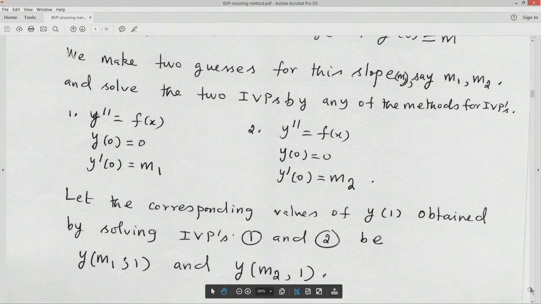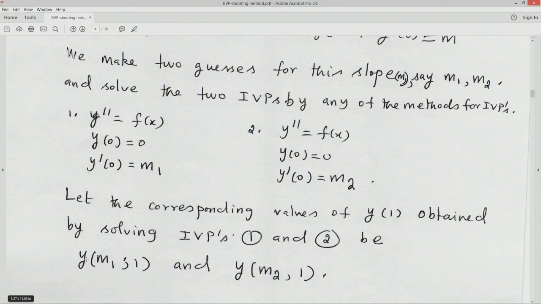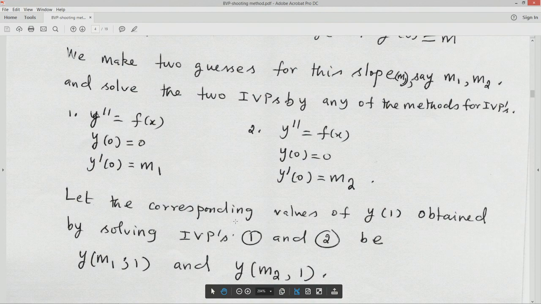In problem 1, we have y double prime equal to f of x, y of 0 equal to 0, which is prescribed, and y dashed of 0 is some m1 which we have guessed, because we have no knowledge of what y dashed of 0 is. That is our first problem. And what is our second problem? It is again y double dashed is equal to f of x with y of 0 equal to 0 and y dashed of 0 is m2, which is again guessed by us.